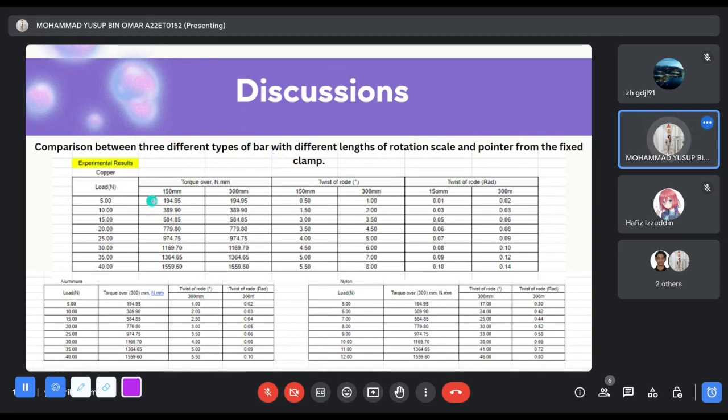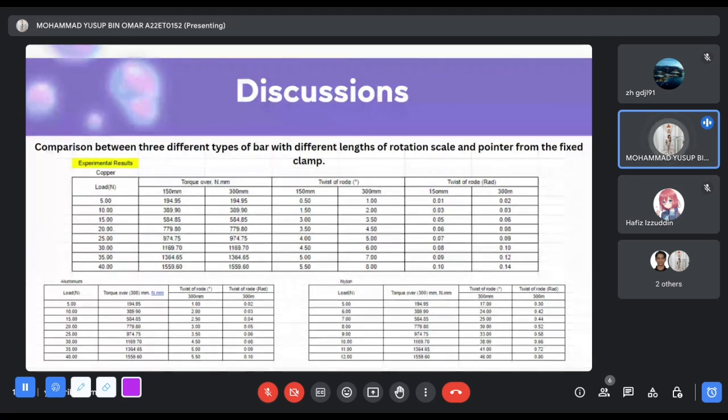So the twist of the copper at 300 millimeter is small compared to the twist of nylon at 300 millimeter, which is 17 degrees.